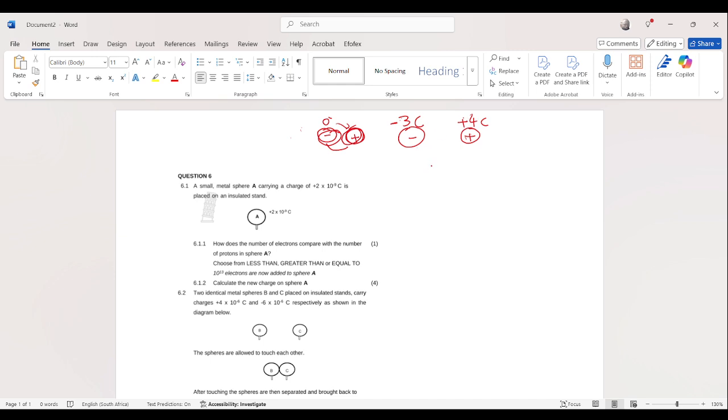So these two objects will get attracted, and then when they meet, how many electrons will flow from the negatively charged object to the positively charged object?